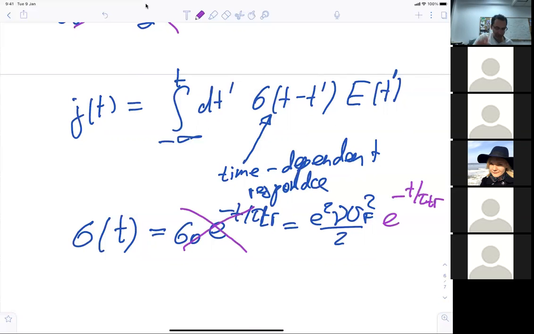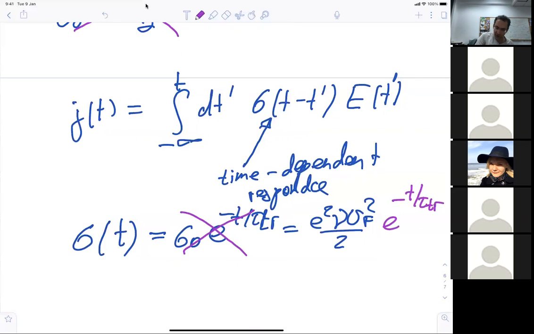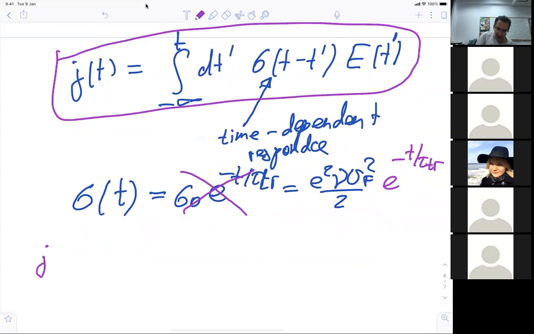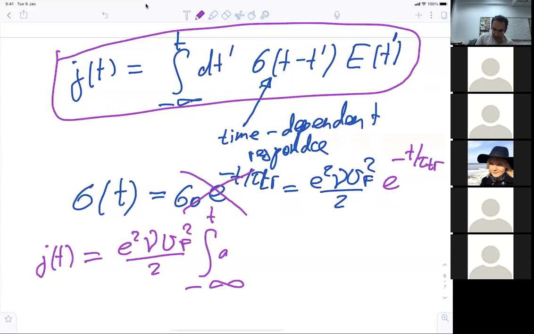So if we look back at this relation and we write it explicitly, J of t is equal to E square nu V Fermi square over 2 integral from minus infinity to t dt prime e to the minus t prime over tau transport E of t prime.